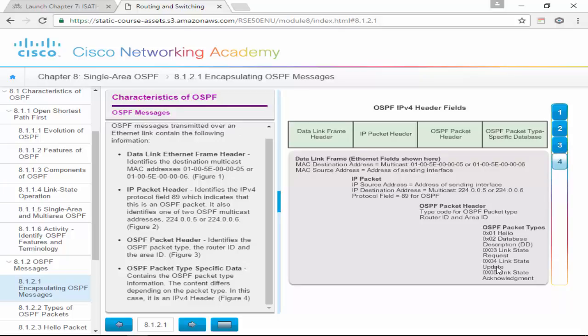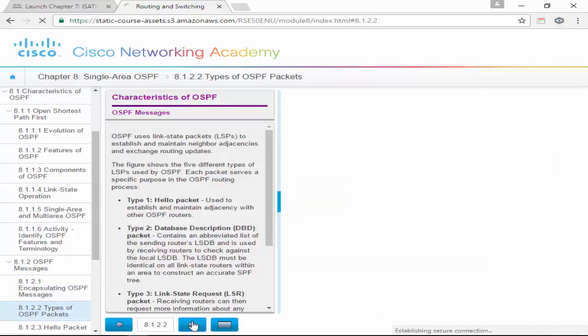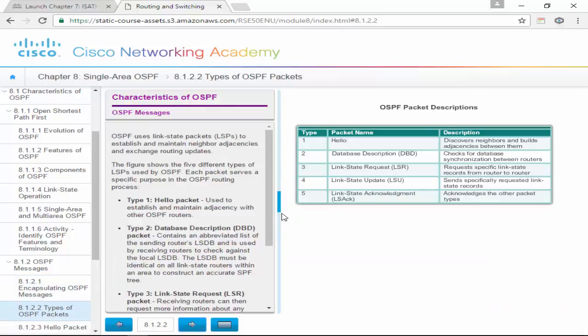So let's see if we can see some. Our packet types would be hello, database description, link state request, link state update, and link state acknowledgement, which we're going to talk about next. So type 1, our hellos, are used to establish and maintain adjacencies with other OSPF routers.